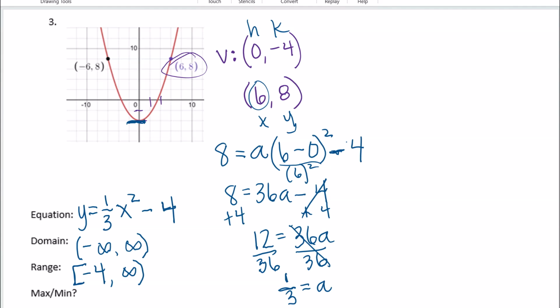And then it opens up forever, so negative 4 to infinity. And then max or min, well, the vertex, since the parabola opens up, the vertex is a minimum point. If it opened down, then that would be a maximum point.